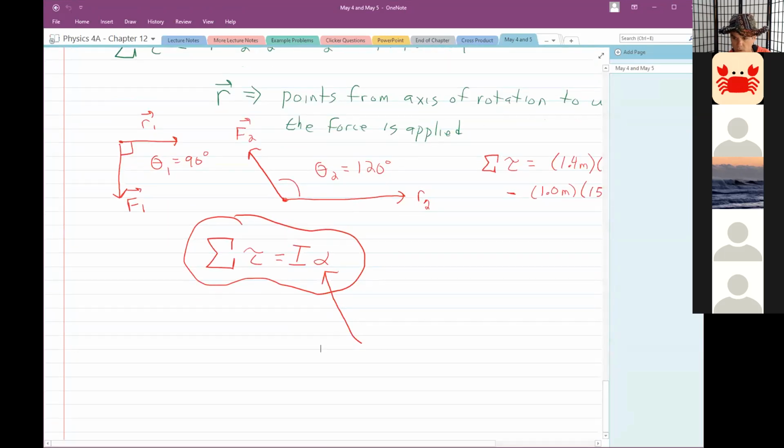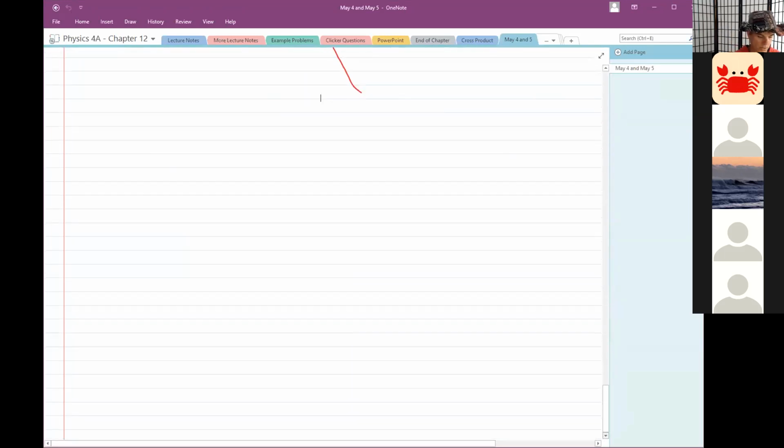All right, so here's the question. Two-parter. If the sum of the forces acting on an object is 0, does that mean the sum of the torques on the object is also 0?